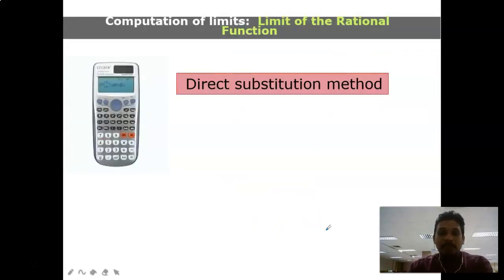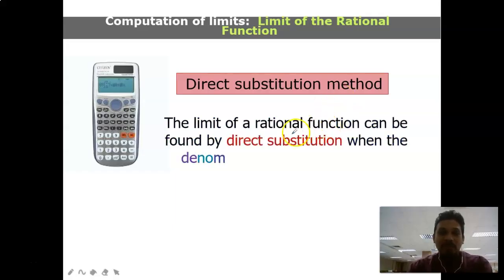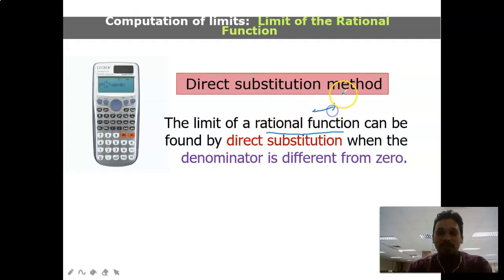Direct substitution method, the limit of a rational function. Rational means something that you call f(x) divided by g(x).